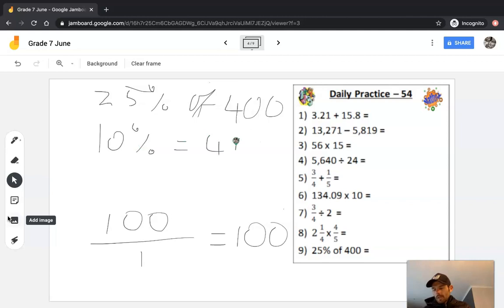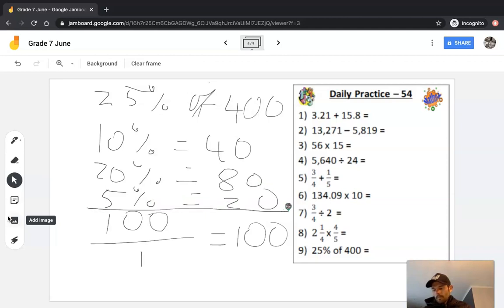So 20% equals 80. If I know 10% is 40, then 5% is going to be 20. And there you've got your 20% and your 5%. And it gives you the same answer of 100.